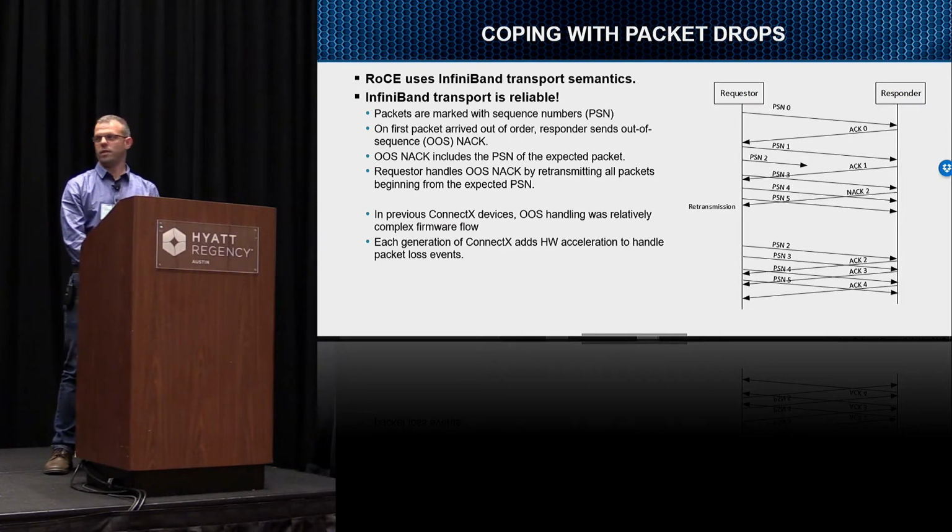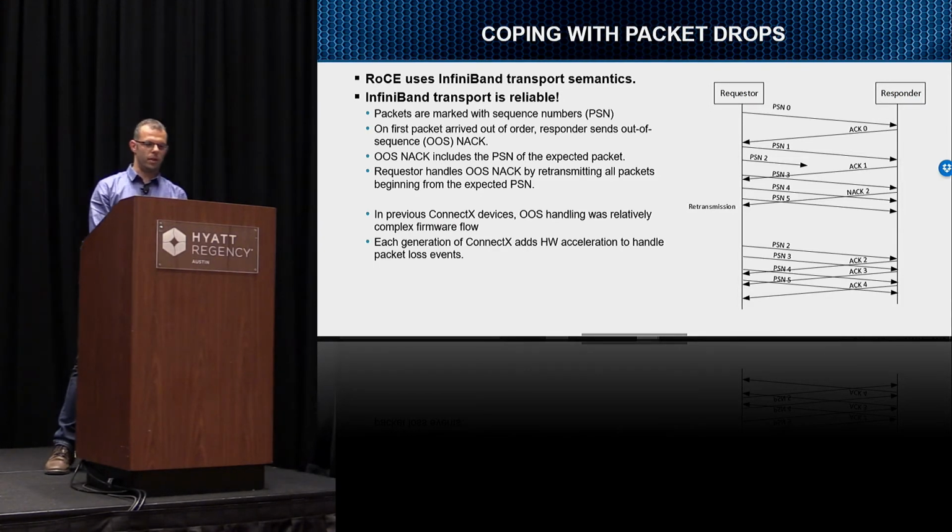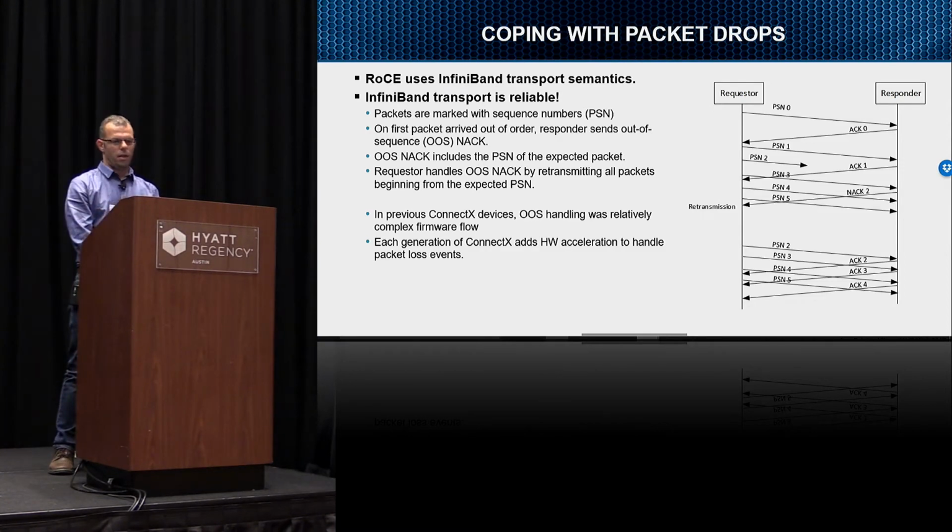So the requester sends packets to the responder, and the packets are marked with a sequence number, shortly called PSN. The responder tracks the sequence numbers that arrive. On the first packet of each flow, of each QP, that arrives out of order, meaning the sequence numbers are not continuous, it creates and sends a packet that is called an out-of-sequence NAK.